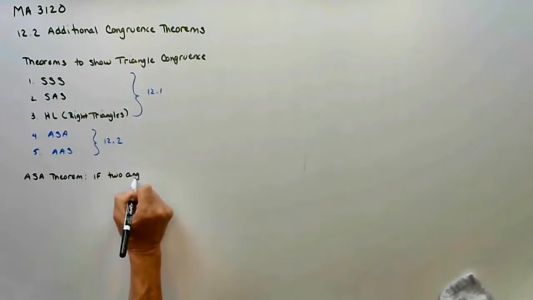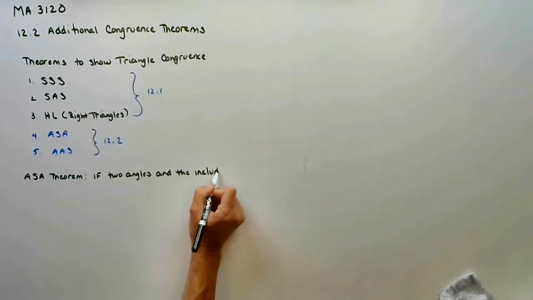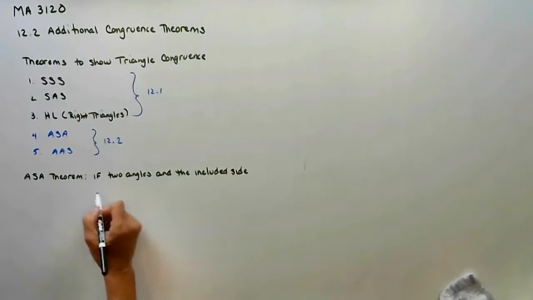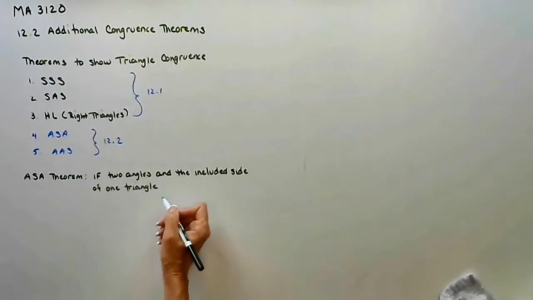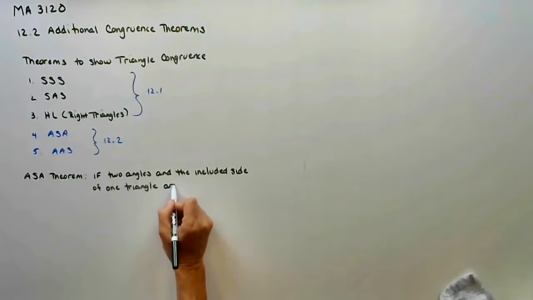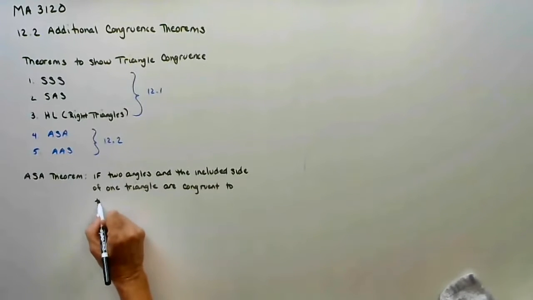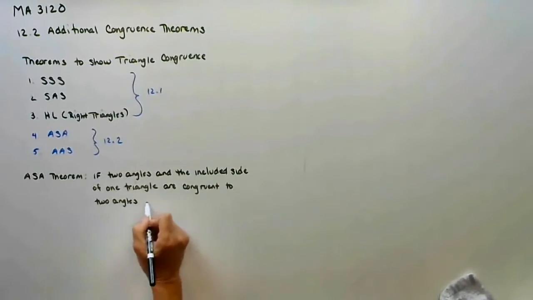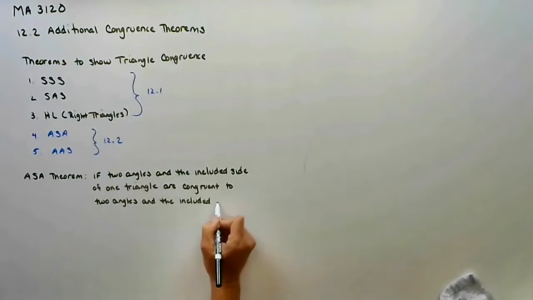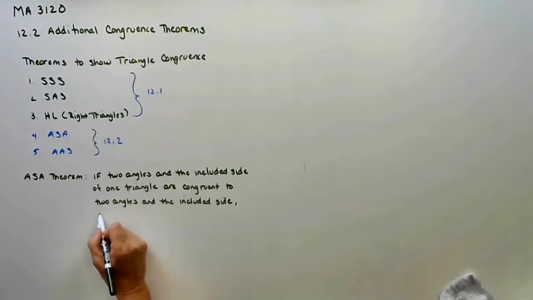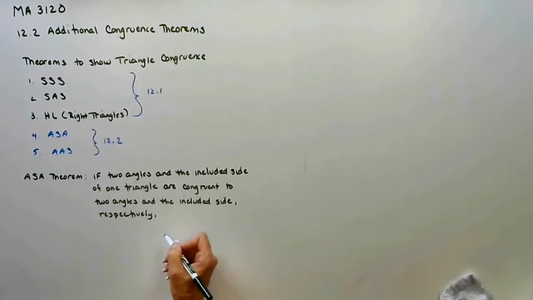We have two angles and the included side, so it's got to be between them, of one triangle, are congruent to two angles and the included side, respectively. Then the triangles are congruent.